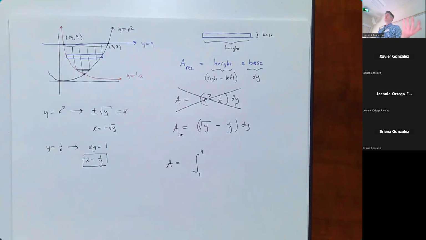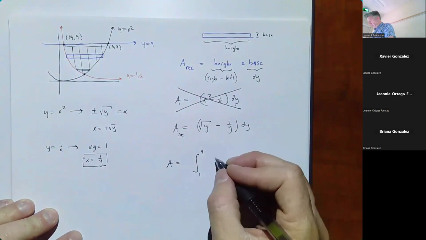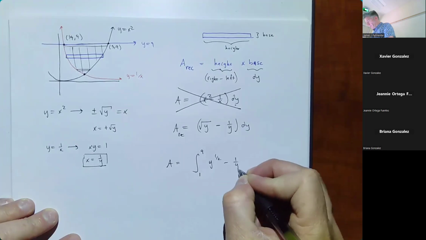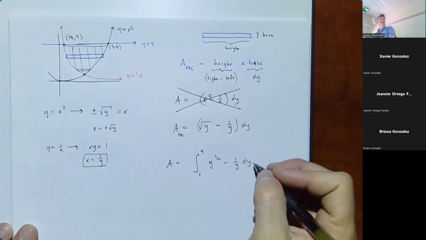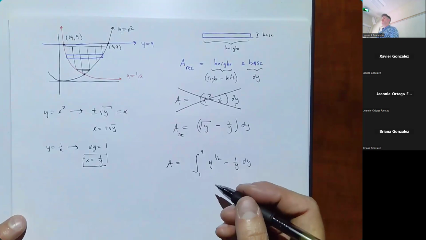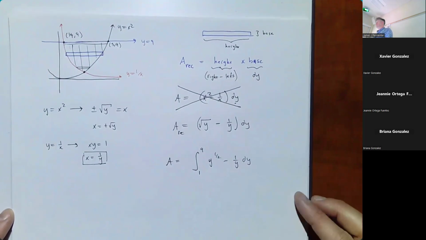Occasionally some integrals give the same thing either way, like 0 and 1 and 0 and 1, but a lot of the time they will change. So then we get the integral from 1 to 9 of y to the 1/2 minus 1 over y. And this looks a lot easier to calculate than the previous way we did it. So often setting this area up as one integral, if you can, versus two, is the better, easier choice.